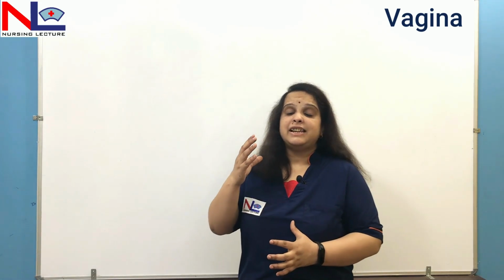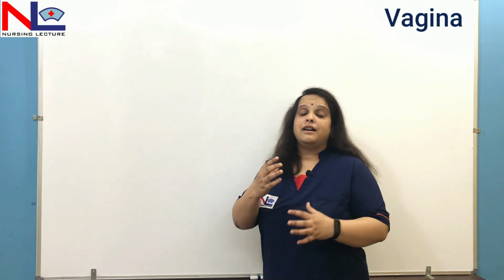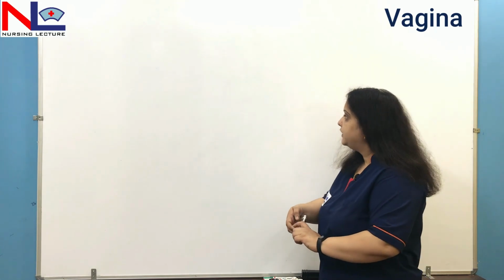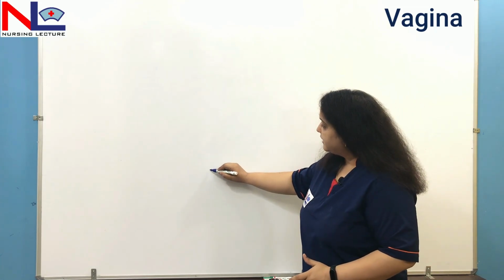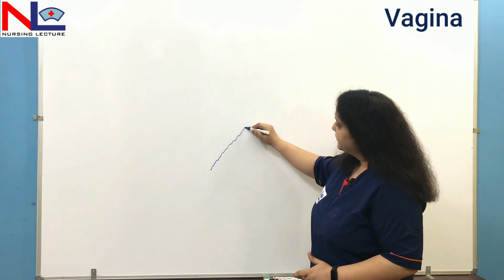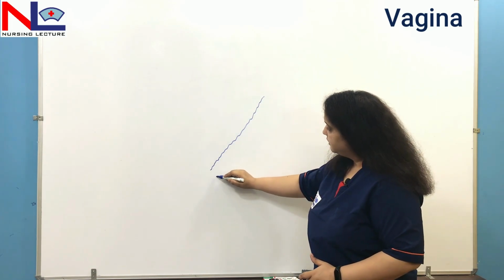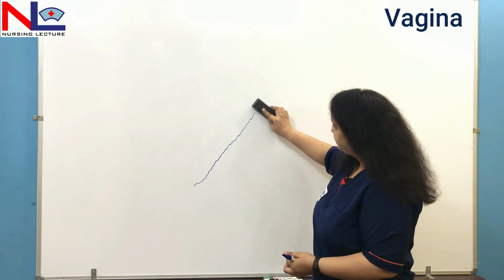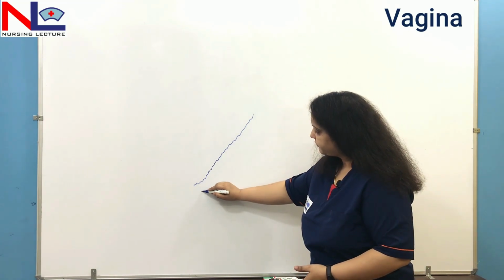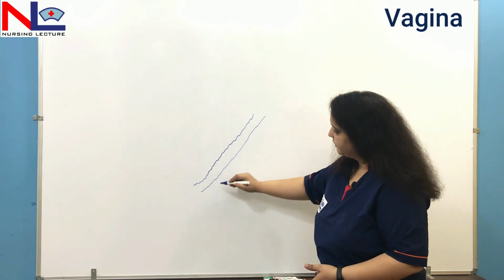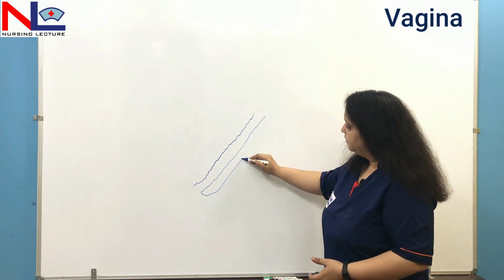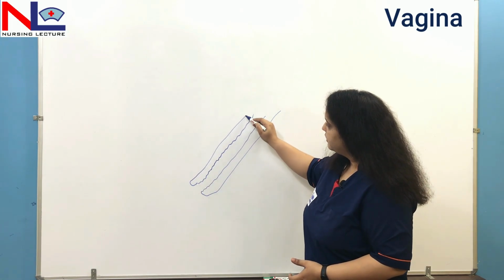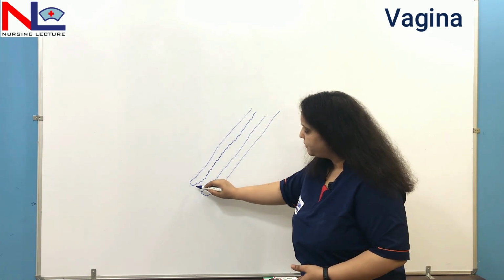So vagina is the internal part that extends from the vulva. Let me draw the figure here. Here is the vagina that extends from the vulva. So here is the vaginal introitus or the opening.